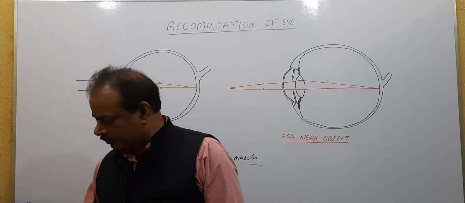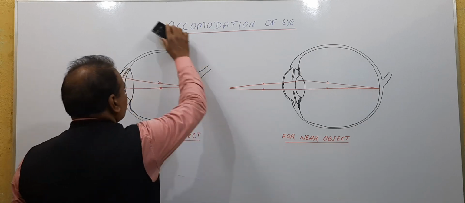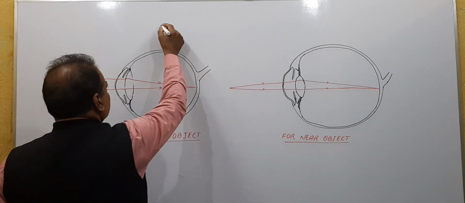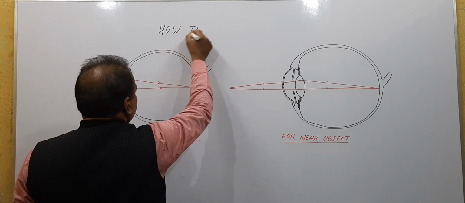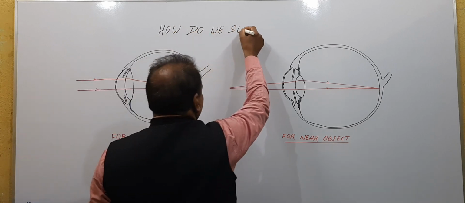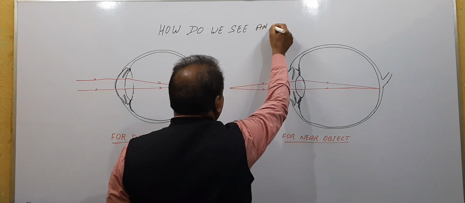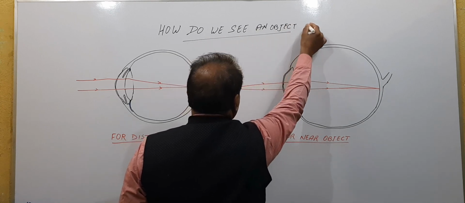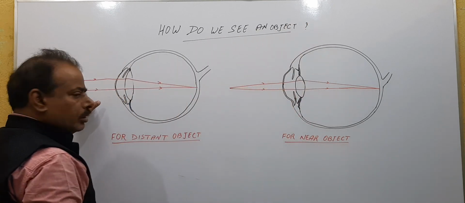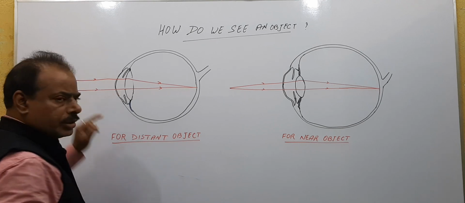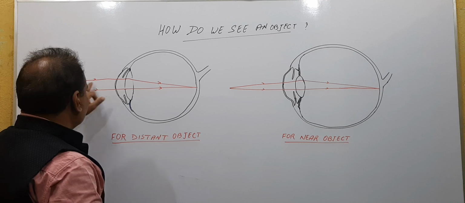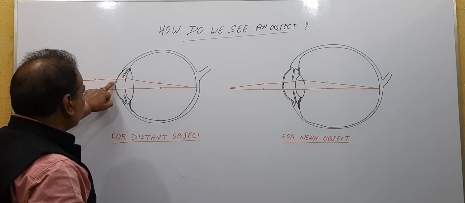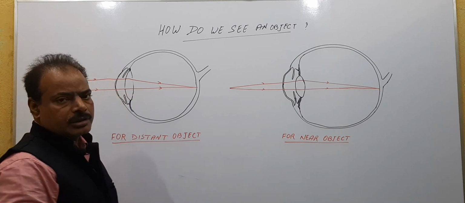Now, how do we see an object? When light enters from distant or near objects, which is incident or reflected light, at first entry of light takes place.